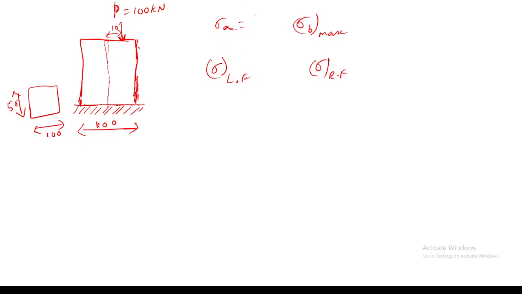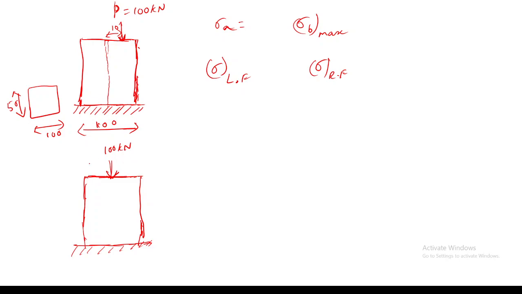So I want you to find what sigma A is, the axial stress due to this point load. How can you represent this by a pure axial load and a pure bending moment? I'm replacing this same system by a pure axial load equal to 100 kilonewton, and a bending moment equal to 100 into 10, which will act in this direction.